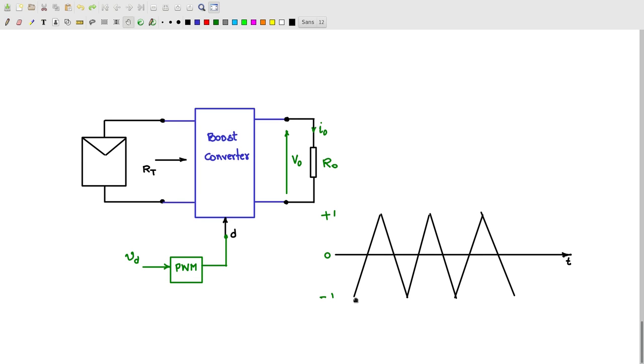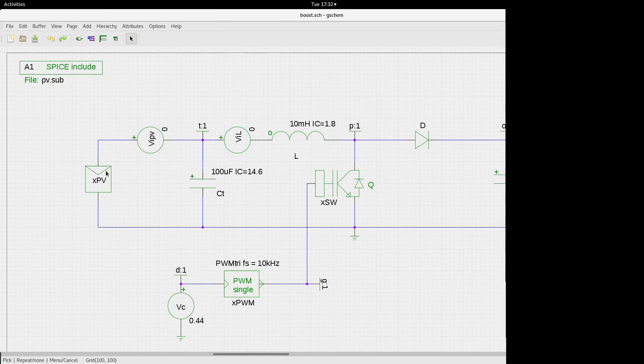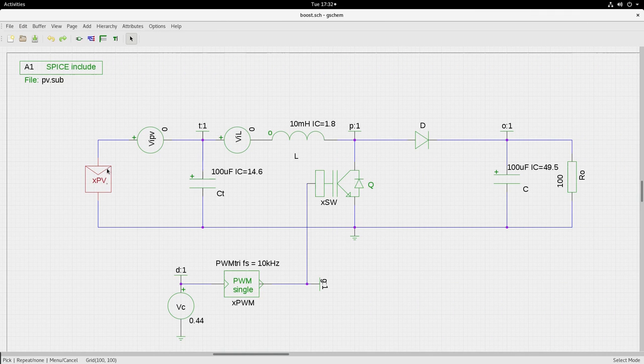If VD value is at -1, then duty cycle is 0. At VD in between at 0, then the duty cycle is half, which is 0.5, and at VD equal to +1 along the tip, D is equal to 1. Therefore we get the relationship: duty cycle D is (VD plus 1) by 2.